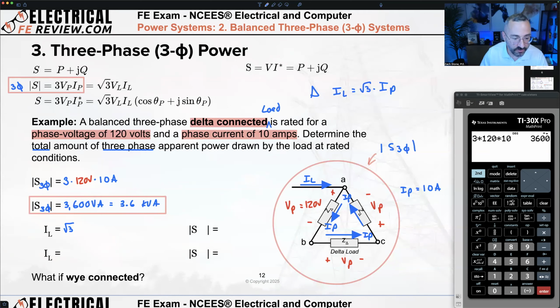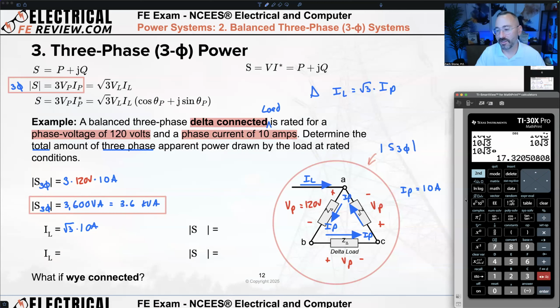So I'm going to take the phase current given, 10 amps, and multiply it by the square root of 3. Square root of 3 times 10 is 17.3. How do we know that? Square root of 3 is about 1.73. 1.73 times 10, 17.3. So we got a line current of 17.3.